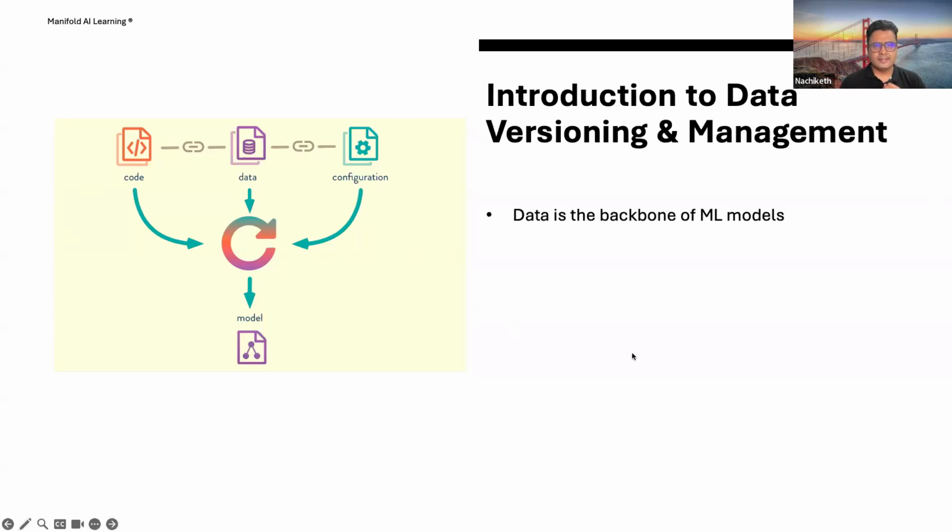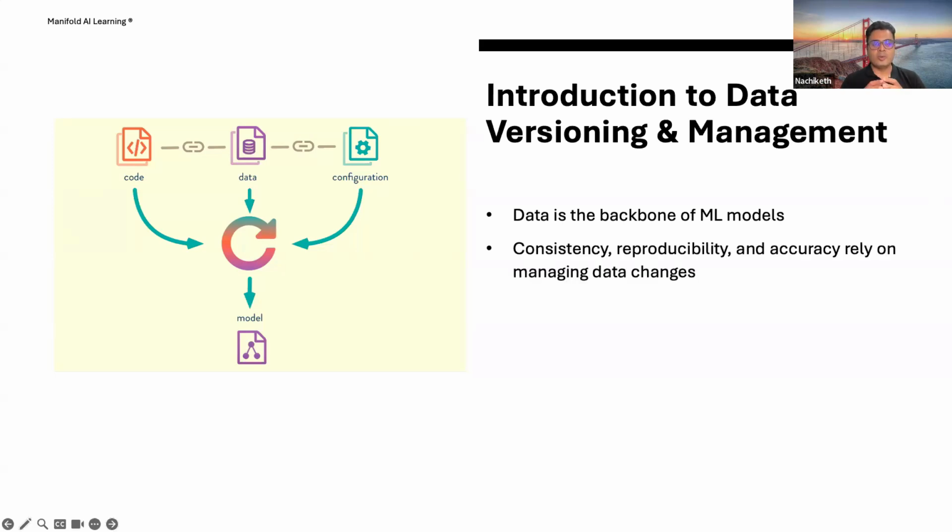The data is the backbone of machine learning models, and it is very important that we maintain consistency, reproducibility, and accuracy so that we can track those changes in the data and manage them in an effective manner.